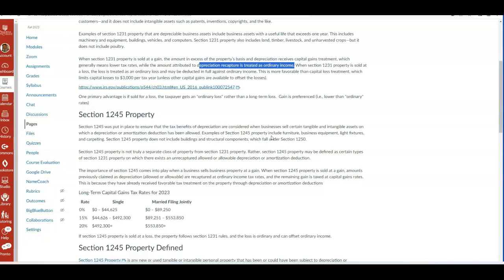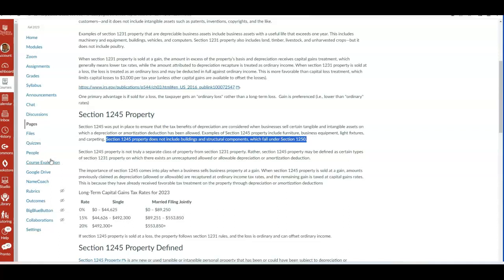Examples of 1245 property include furniture, business equipment, light fixtures, carpeting, those types of things. Section 1245 property does not include buildings and structural components, which fall under Section 1250. So this is a very important sentence. 1245 does not include buildings and structural components.